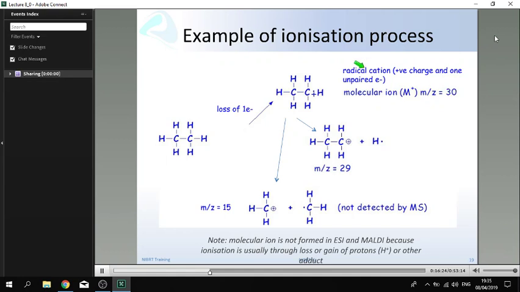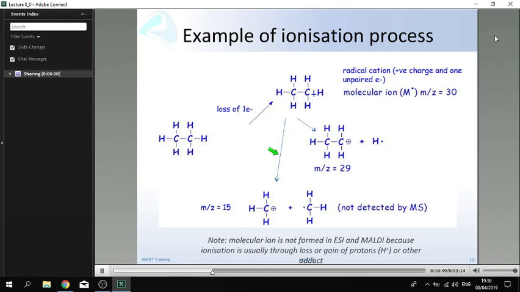This molecular ion will have a mass to charge ratio of 30. The mass to charge ratio is 30 because we have two carbons, which are 12 daltons each, so that's 24, and then we have 6 hydrogens, which bring us to 30. And they have one charge, so 30 divided by 1 is 30.